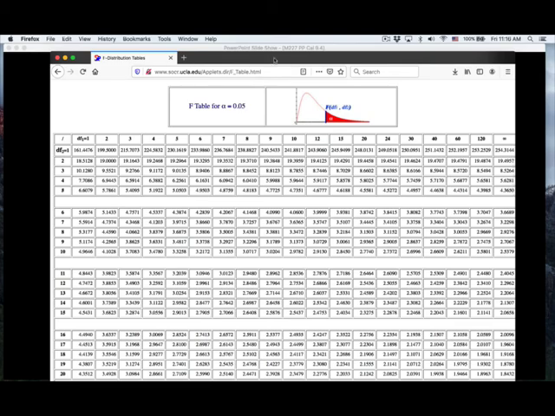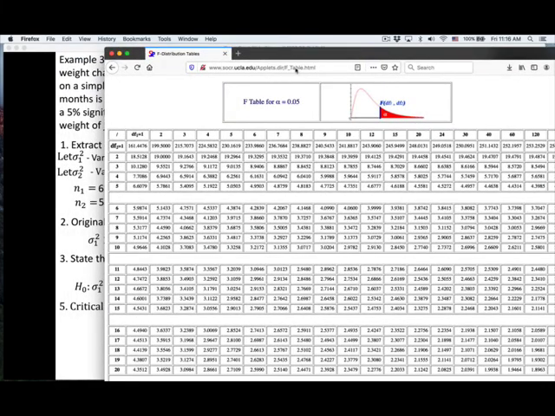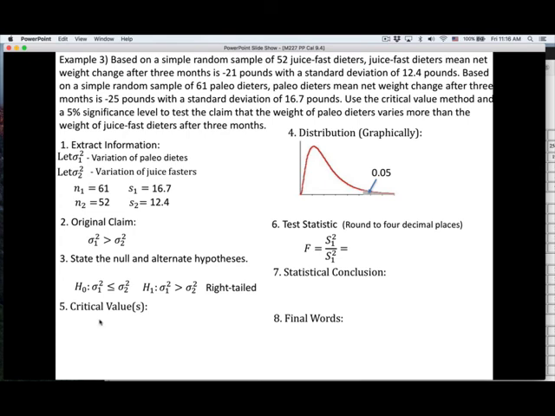Okay, and then we need to figure out the degree of freedom of the numerator and degree of freedom of the denominator. So I want you to find out these two first. You should get 60 and 51, right? N1 minus 1, and N2 minus 1 here.